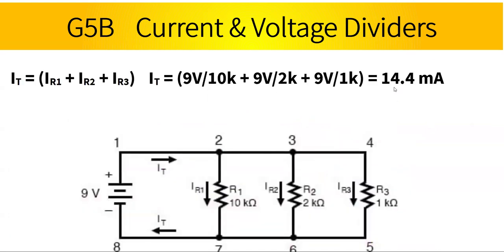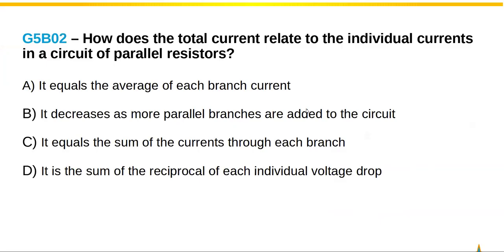Another actually worked out example where we have 14 milliamps coming out of the battery and how it's distributed through the 3 currents through the 3 resistors because they're not equal. So how does the total current relate to the individual currents in a circuit of parallel resistors?